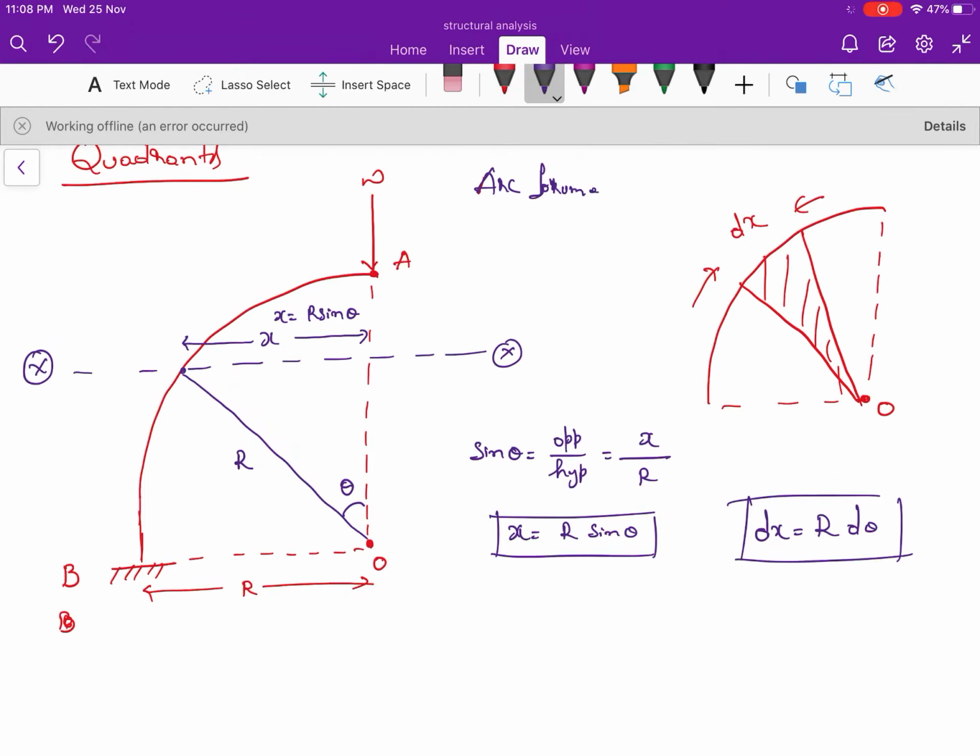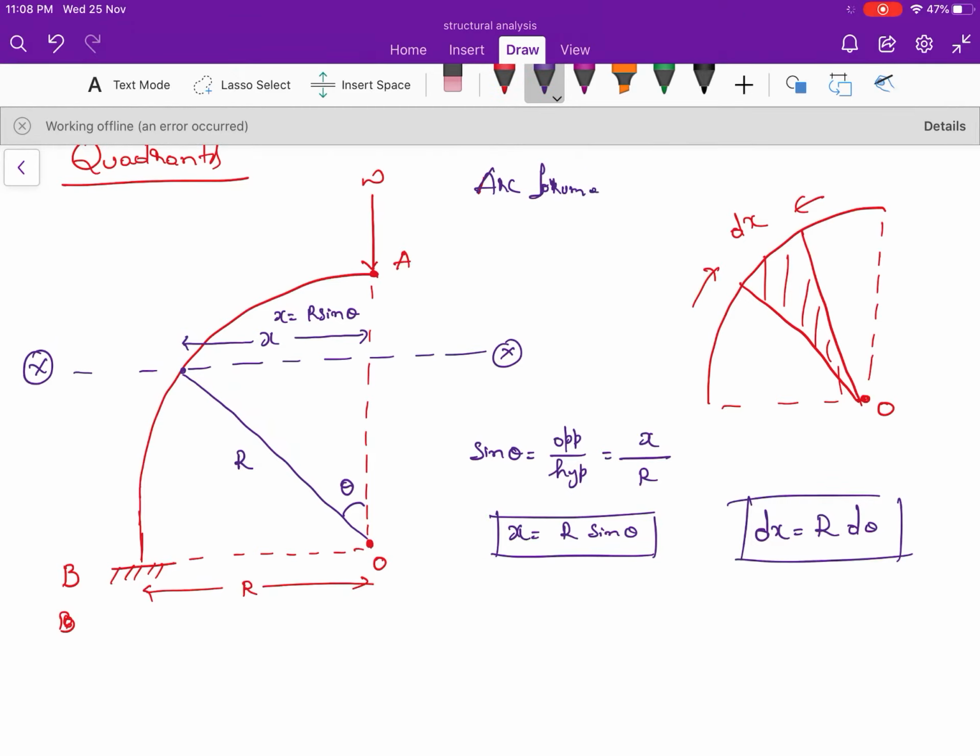While finding the strain energy, almost all structures will show you the hogging moment itself. So Mx is minus Wx, which is equal to minus W into r sine theta, where Mx squared will be equal to W square r square sine square theta.